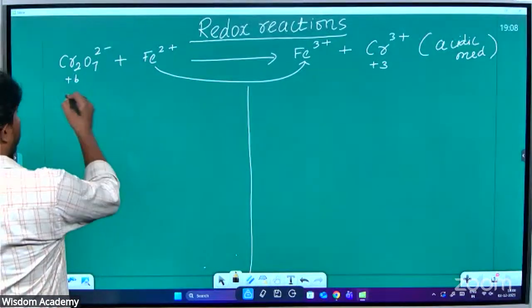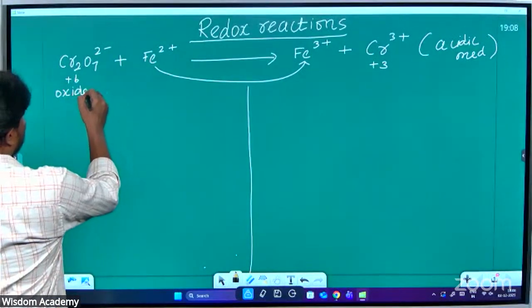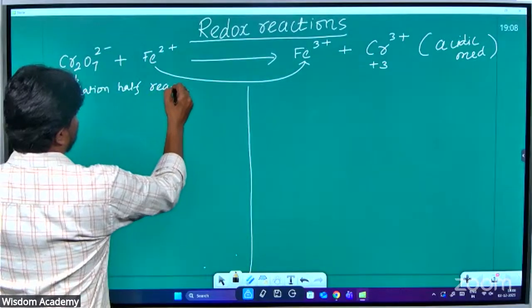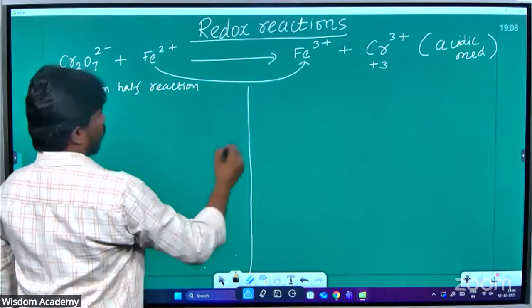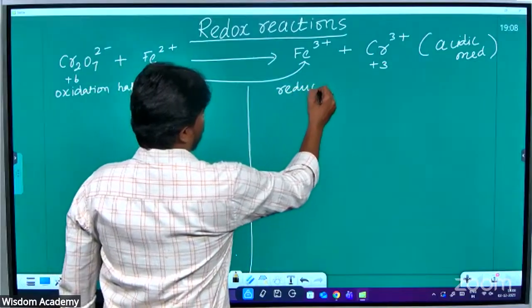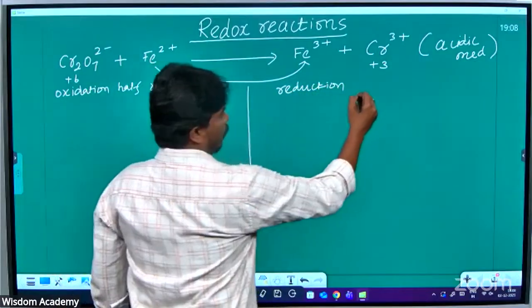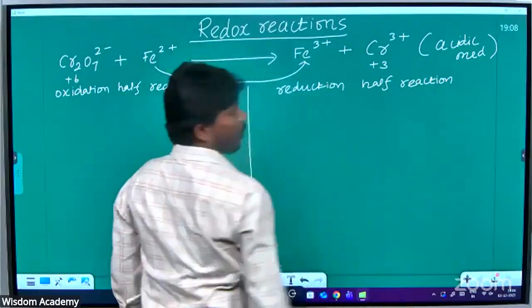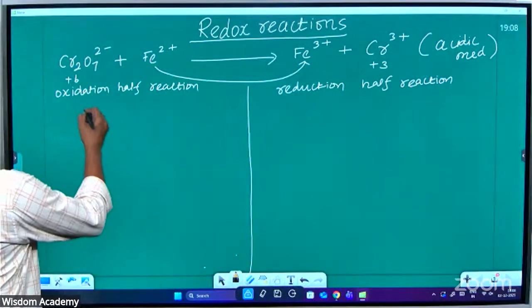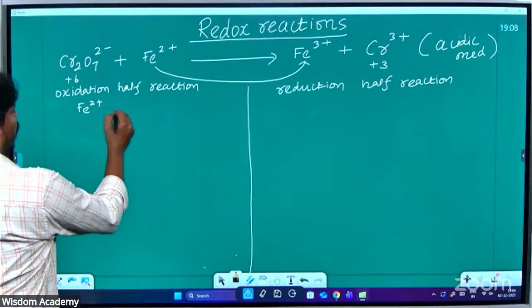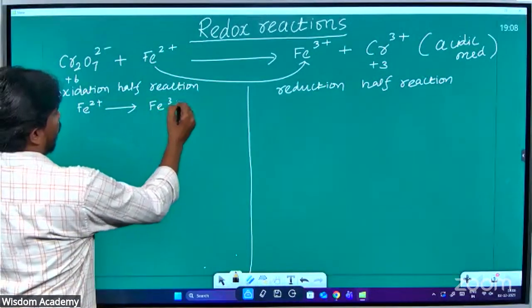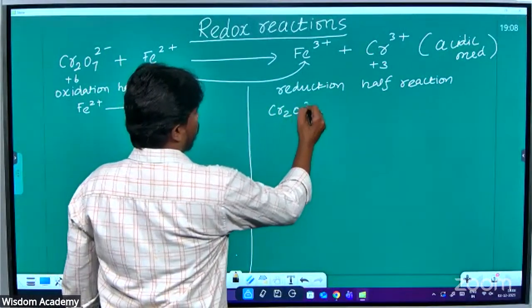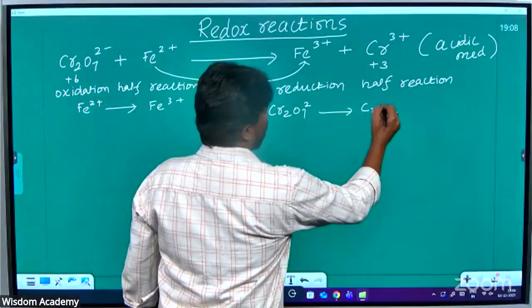So here, oxidation half reaction is Fe2 plus oxidized to form Fe3 plus. In reduction, dichromate ion is reduced to form Cr3 plus.